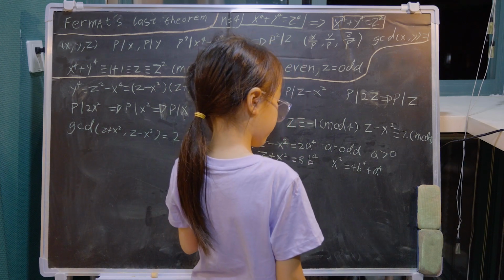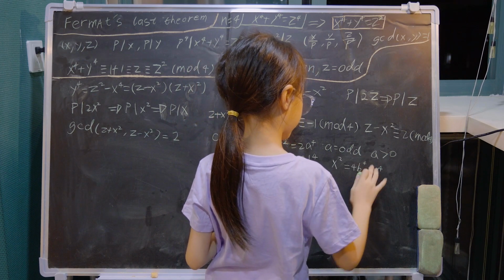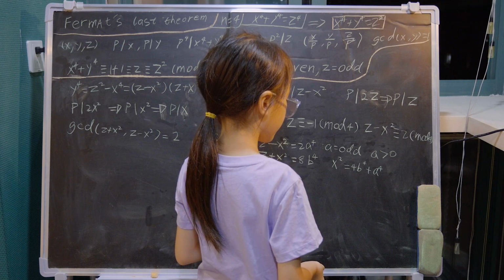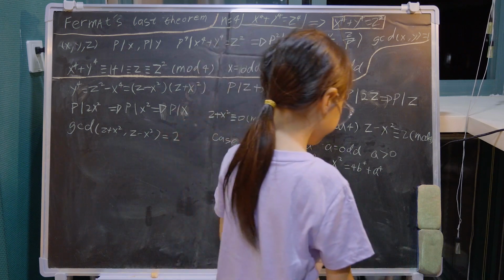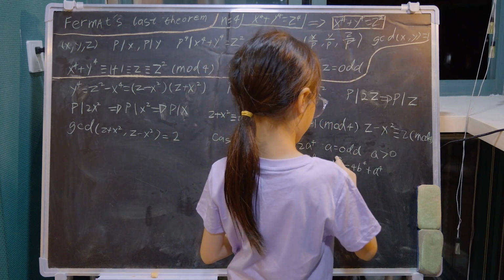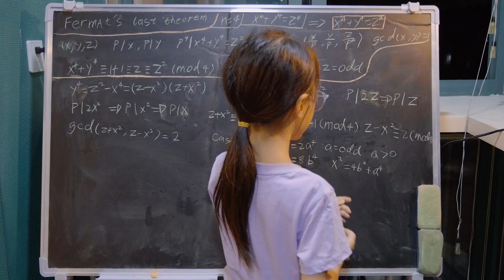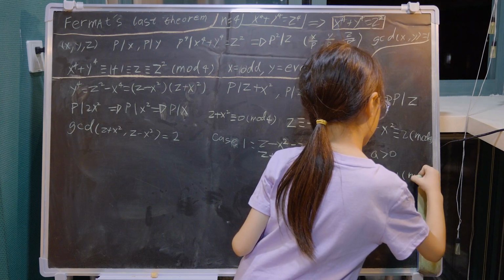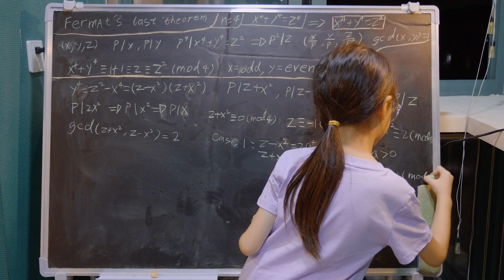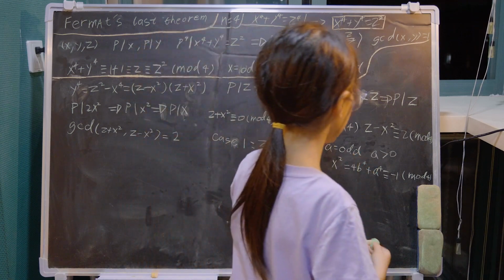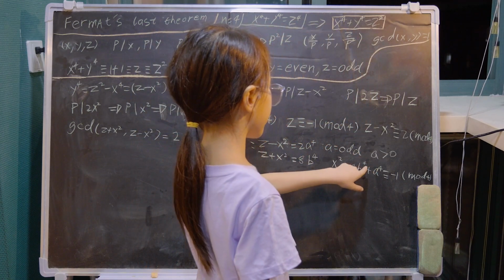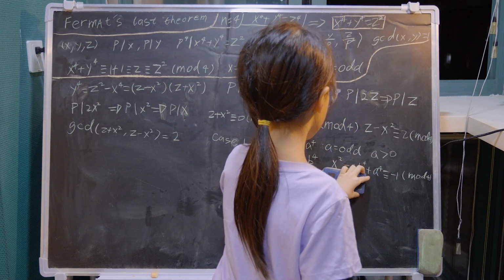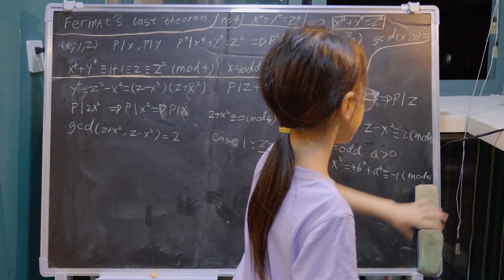So what's now? We know this part is congruent to -1 mod 4. You know why? Because 4b to the 4 must be a multiple of 4, so this part is congruent to 0 mod 4.